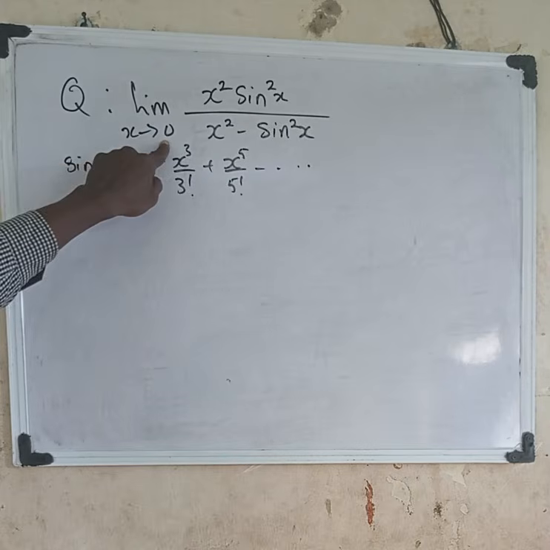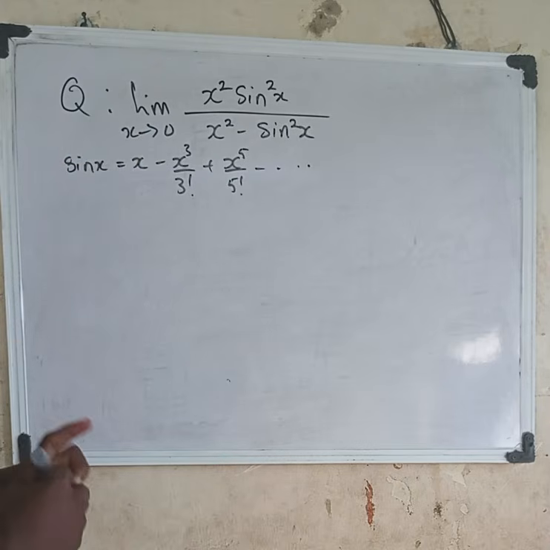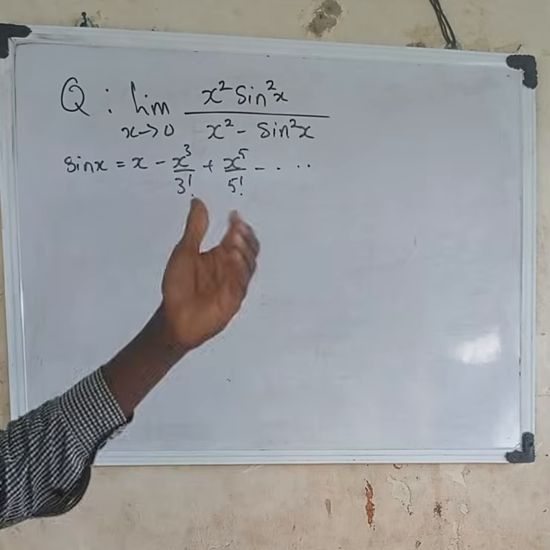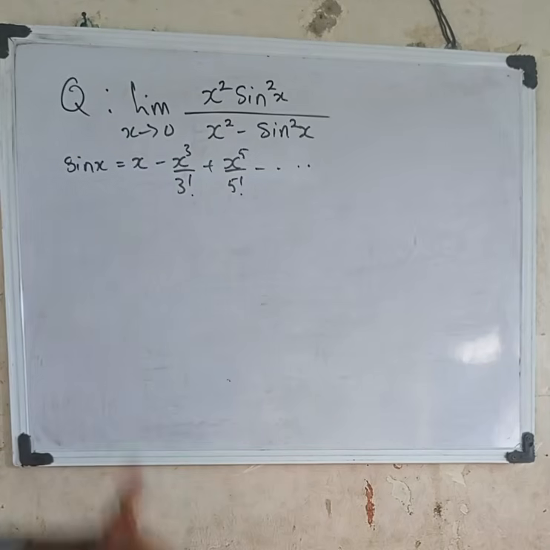Now, x is approaching 0. For x to be going to 0, it means that it is not getting to 0. It is either more than 0 or less than 0. Are you getting it now?